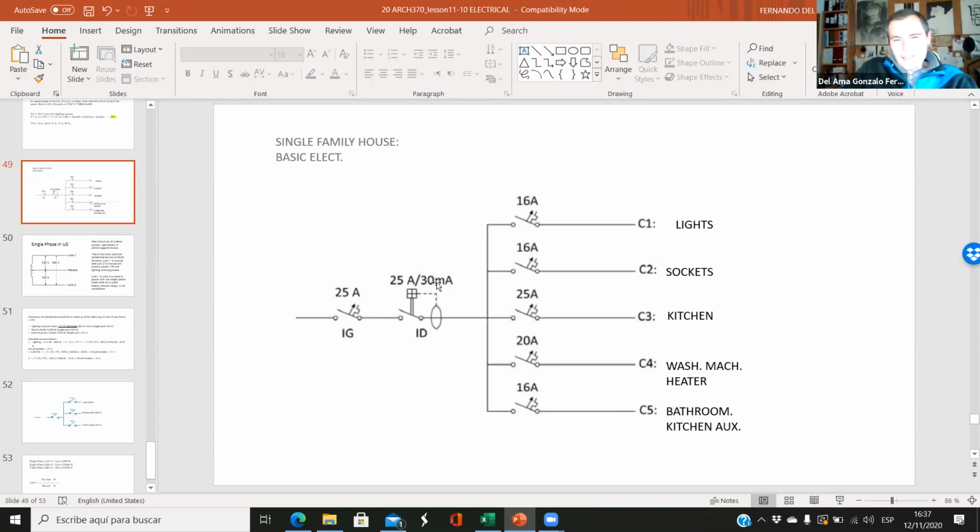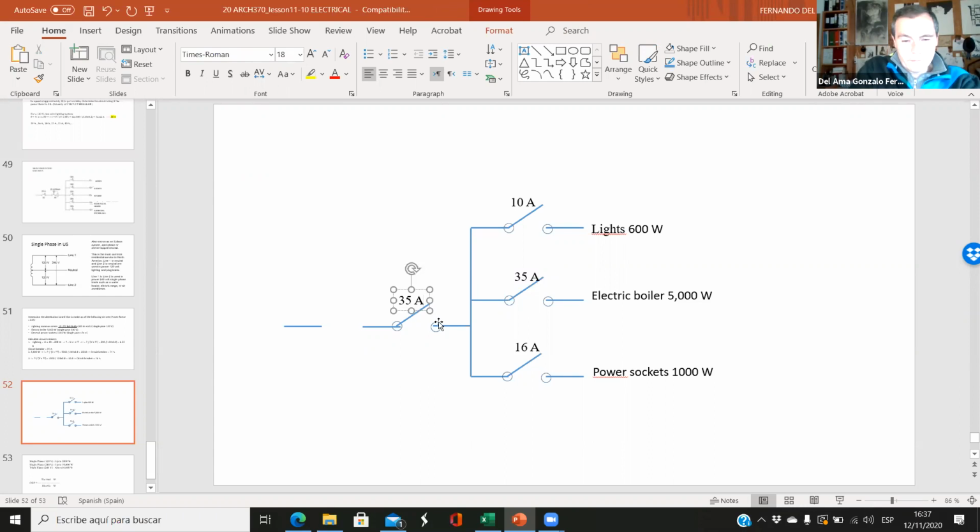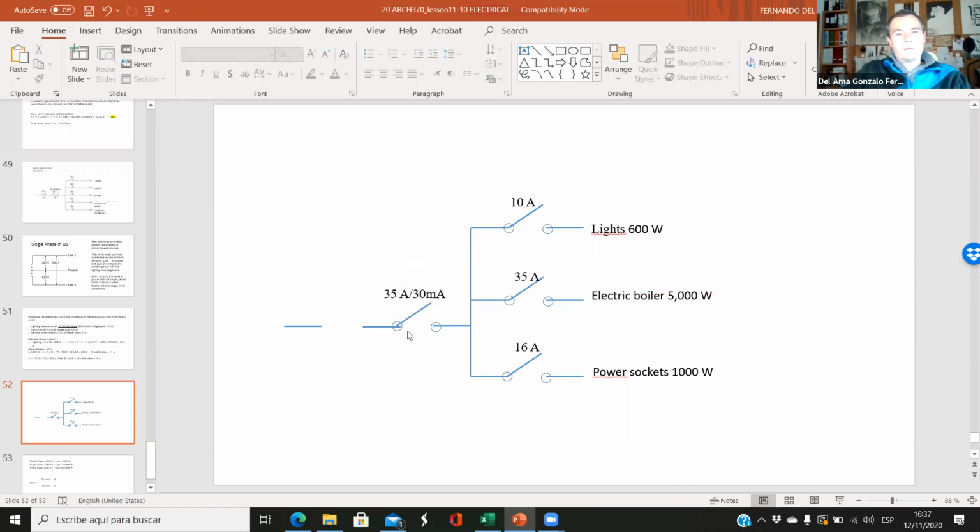Usually it's always 30 milliamperes. So with this, we have 35, and then dash 30 milliamperes. Okay, so those are the requirements of this differential breaker.